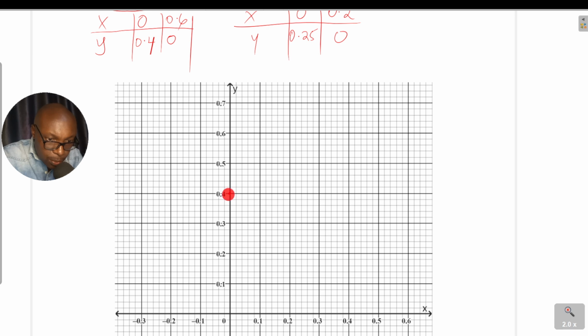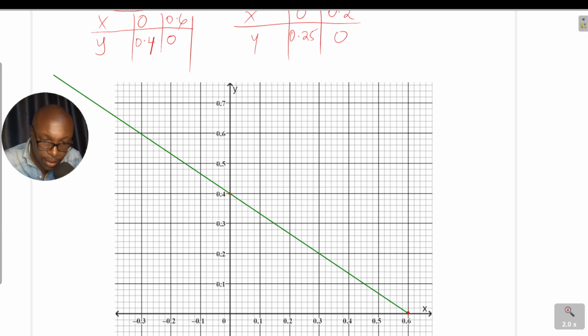Then (0.6, 0) will be here. So draw a straight line. That is the line passing through the 2 points I used here.